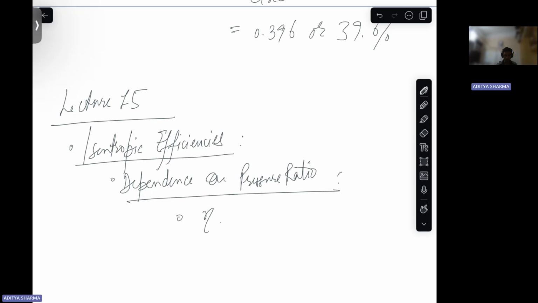If you see, ηT can be written as (1 minus T4 by T3) divided by (1 minus T4 dash by T3).